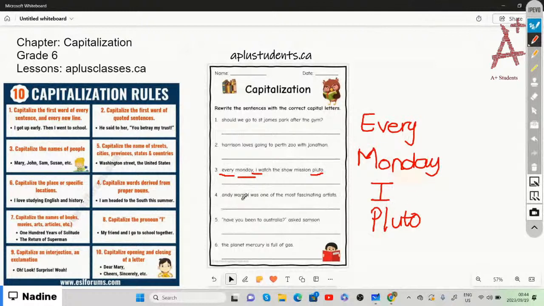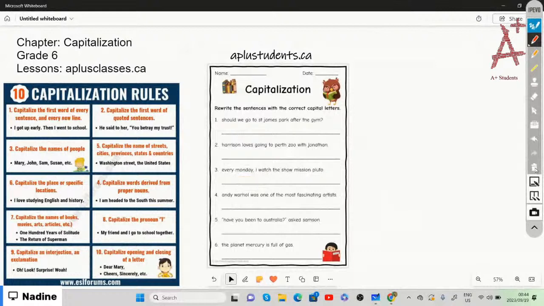And then Andy Warhol was one of the most fascinating artists. If we need to fix what needs to be capitalized, then it will be Andy Warhol, because that is a name.